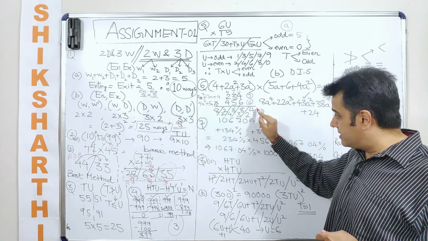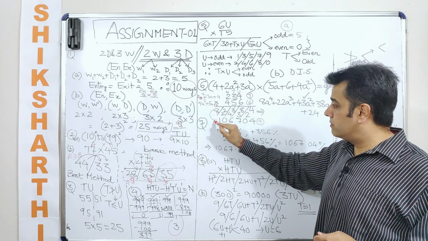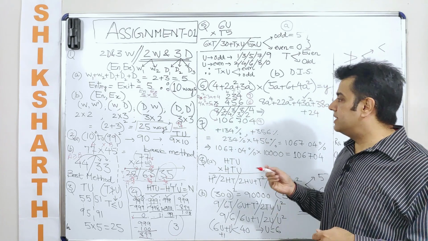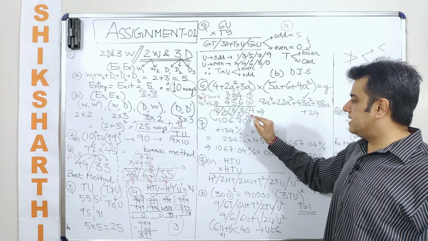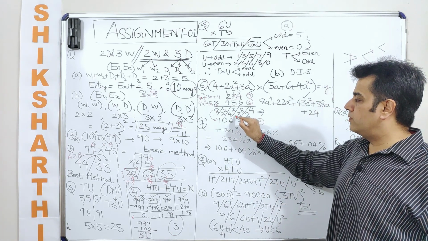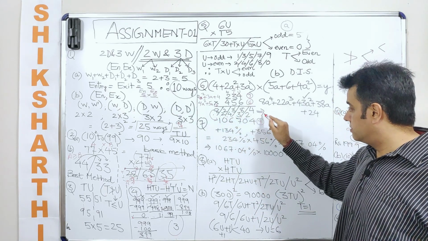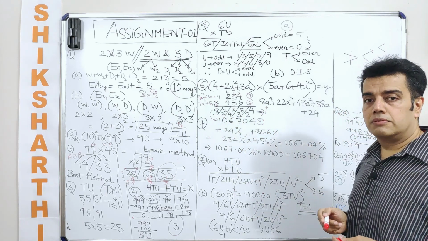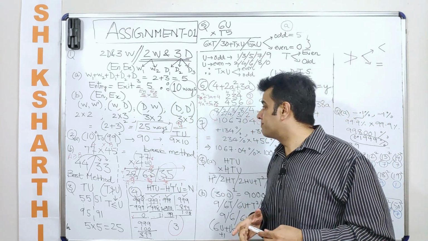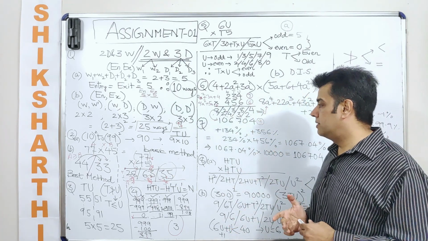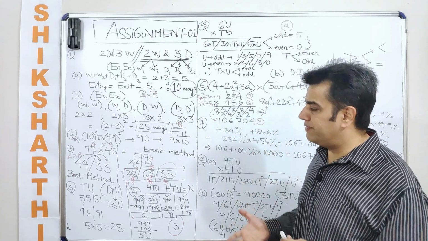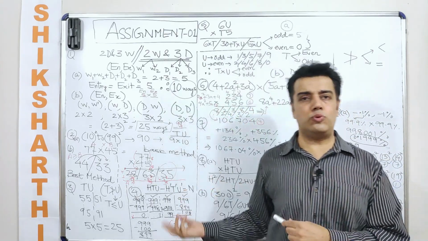The moment I get this, I will not go further, which is this. And in that case, I will say what? This is just like saying a to the power 0, a to the power 1, a square, a cube, and a to the power 4. These are the coefficients. Hope you understood this.